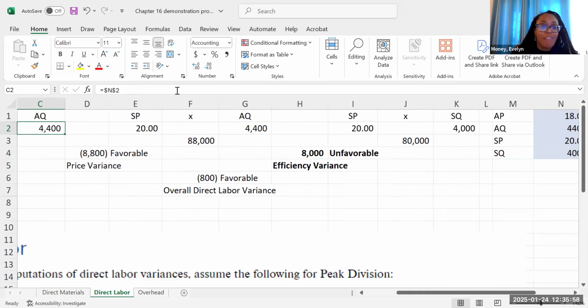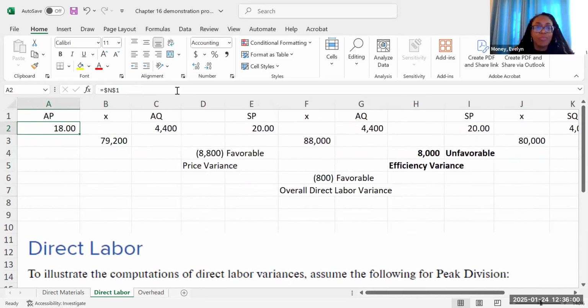So let's see our variances here. For the price variance, it's favorable, it's negative. You don't have to put the negative in. You can just indicate that it is favorable. I like to keep the negative in because it keeps me on track. And I expected it to be favorable because I wanted to pay $20, but I only ended up paying $18 on average per hour.